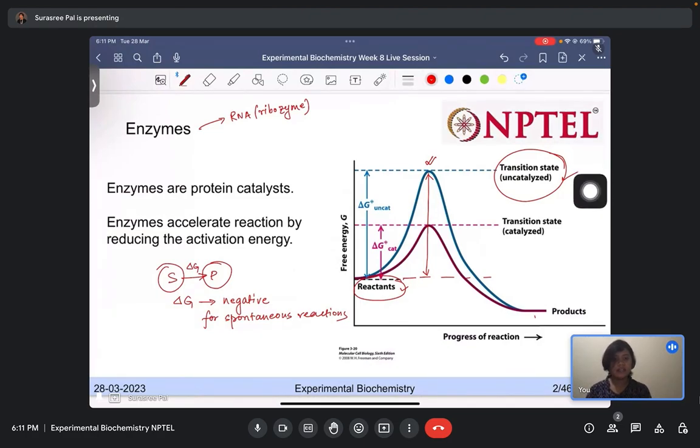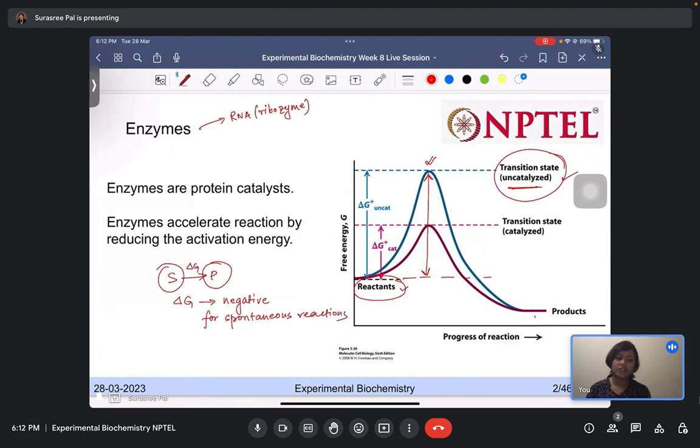Now we can see that this energy barrier is very high for an uncatalyzed reaction, which means the reaction is happening without the presence of any enzyme or any catalyst. Since it is a biological reaction we are talking about, we are talking about enzymes.